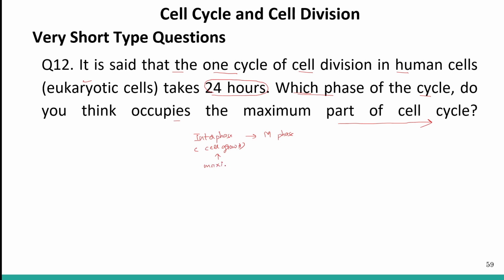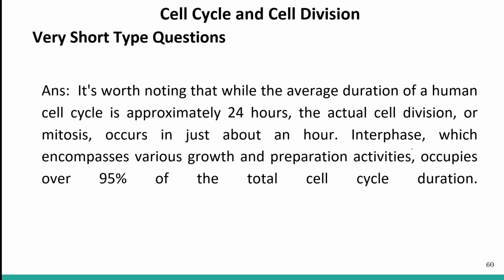Maximum time is spent during the interphase of the cell cycle and only about 1 hour is spent in the M phase, where actual cell division takes place. So the answer should be the interphase.